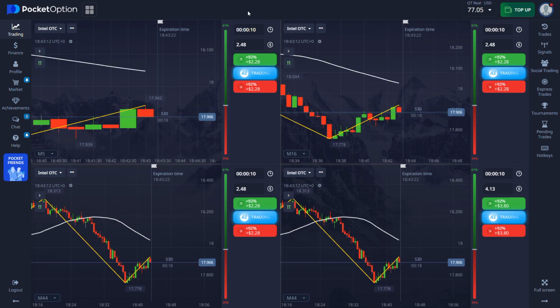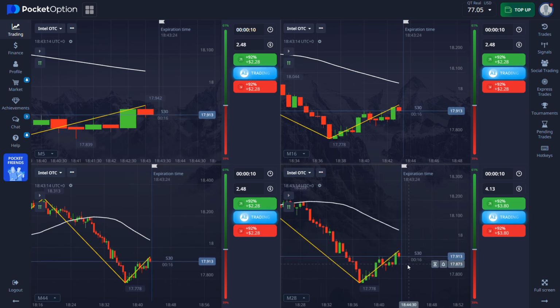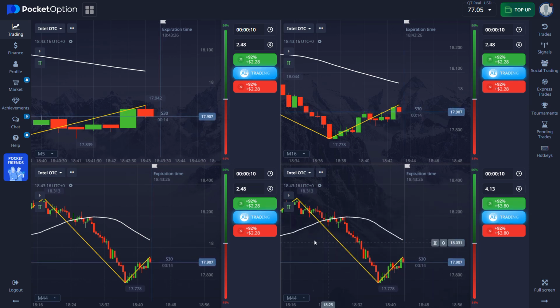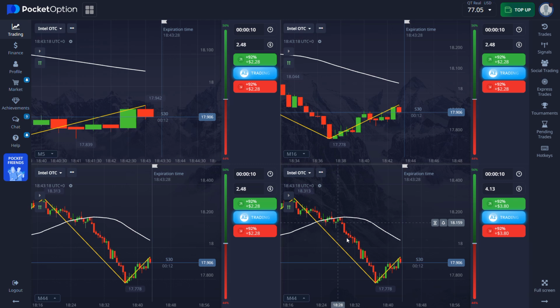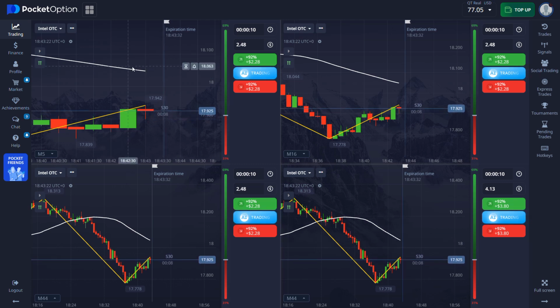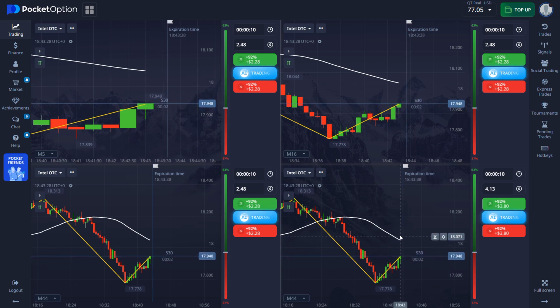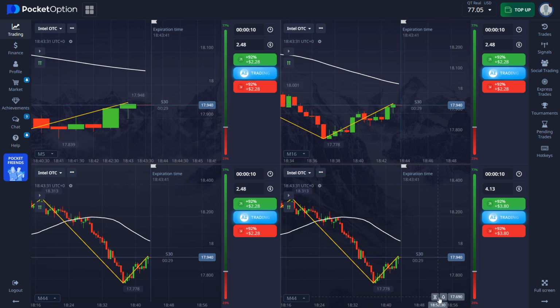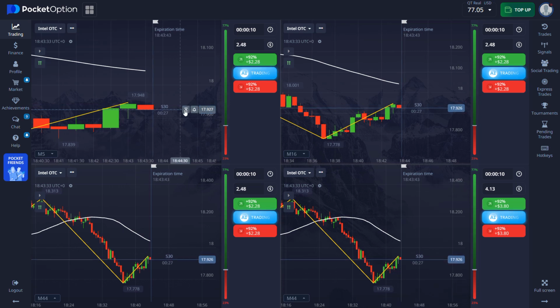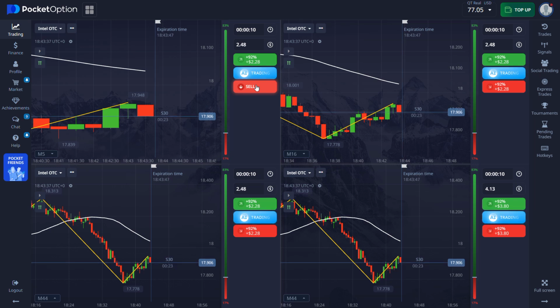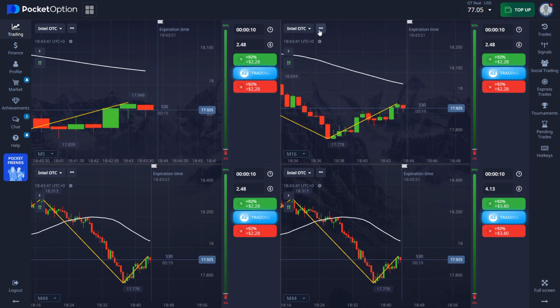Okay, we got Intel here. It's on a sort of downtrend. We are looking to see if it's going to come to test the 50 SMA before having a continuation to the downside. So it's a pullback before it continues to go down. That's what we're looking to see. We are looking to place sell positions. It's in this area right here.